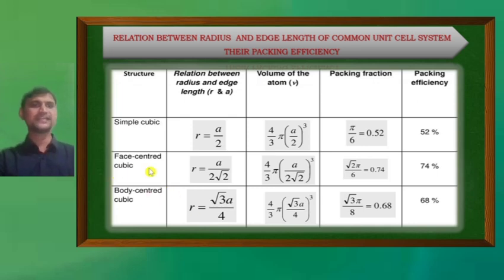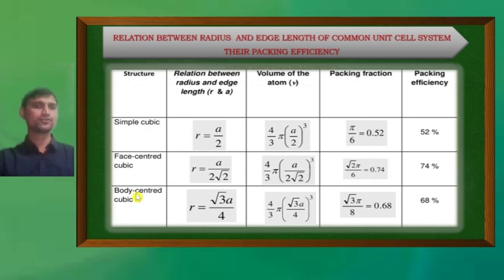After that we look at the face centered cubic unit cell. r is equal to a divided by 2 root 2. So the volume of the atom is 4 by 3 pi into a divided by 2 root 2 raised to 3. Now packing fraction root 2 into pi divided by 6 is equal to 0.74. In percentage, packing efficiency is 74%.